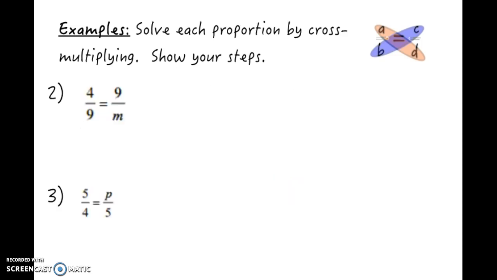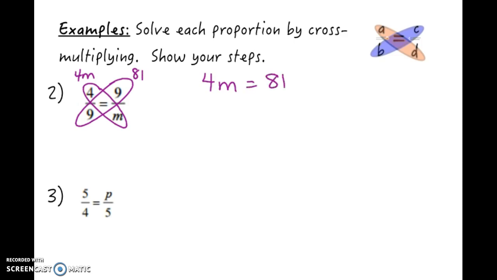All right, I would like you to try these couple. Pause the video and see how you do, then come back and watch what I did. So in number 2, again, you want the cross products, and you want them to be equal. So this one, 4 times m, that's 4m. 9 times 9 is 81. So your equation should say 4m equals 81.